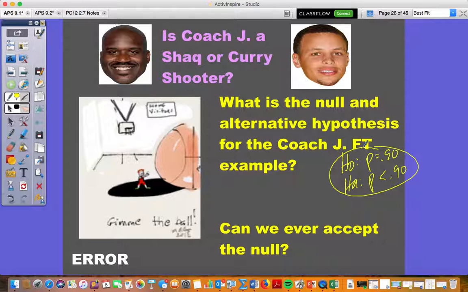And this is a big deal. There are two options that we can do with this. If our p-value is less than our alpha level, which traditionally is 0.05, what do we do?